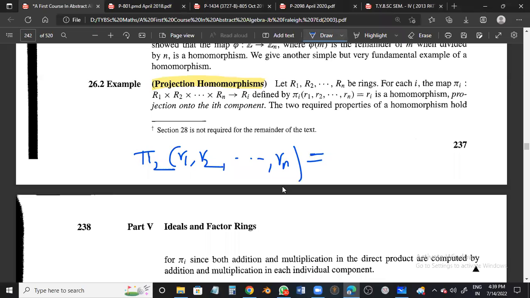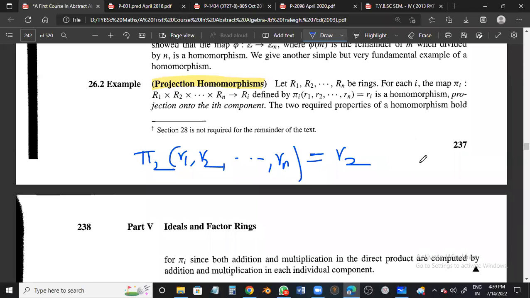What is pi 2? Pi 2 means the second component. So what should it be? R2. Are you getting my point?